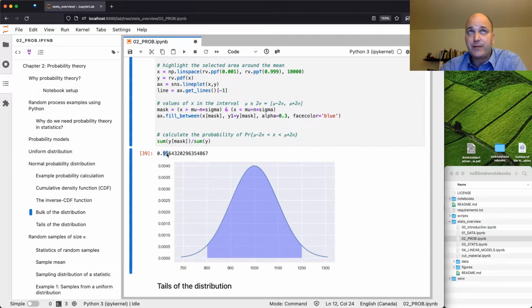This is very useful in practice because you may want to know an interval of values where you can expect the value to fall. It's random, it could be anywhere between minus infinity and infinity, but you see the center of the distribution, most of the weight is between 800 and 1200. This region here contains 95% of the weight.